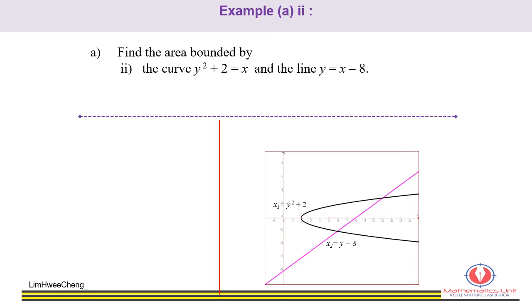Example 2. We look at the area bounded by the curve y squared plus 2 equal to x and the line y equal to x minus 8. First of all, we need to sketch the graph as shown in the diagram, and we notice that this is the area bounded by the curve.